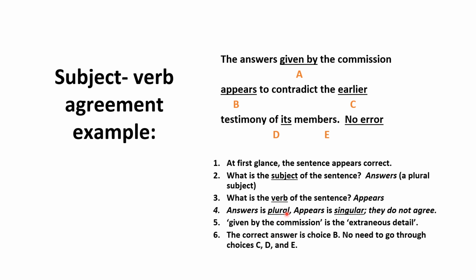So since the subject and the verb do not agree in number, then your correct answer for this item is, of course, letter B. No need to go through choices C, D, and E. Okay, so one at a time, look at the options, see if it violates any of the things on the list, which I provided a while ago.